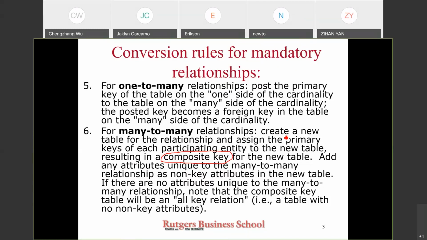And then we add any attributes unique to the many-to-many relationship as non-key attributes in the new table. If there are no attributes unique to the many-to-many relationship, note that the composite key table will be an all-key relation. So that means a table with no non-key attributes.